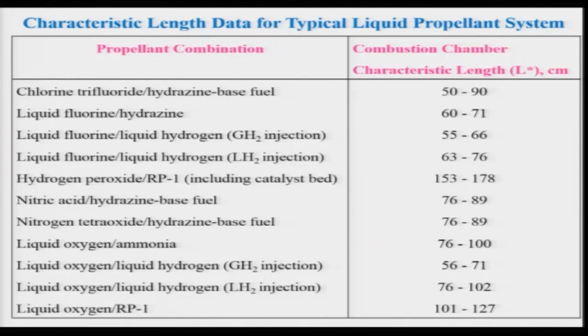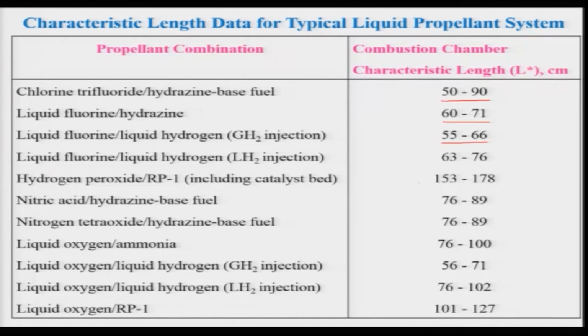Let us look at the characteristic length data we can see. These are from experimental data, and you can see that for chlorine trifluoride with a hydrogen base you get something like 50 to 90 centimeters as characteristic length. Liquid fluorine and hydrogen is something like 60 to 70, and liquid fluorine with liquid hydrogen can give the lowest, 50 to 66 centimeters, which is really very good. However, it is not easy to handle liquid fluorine.